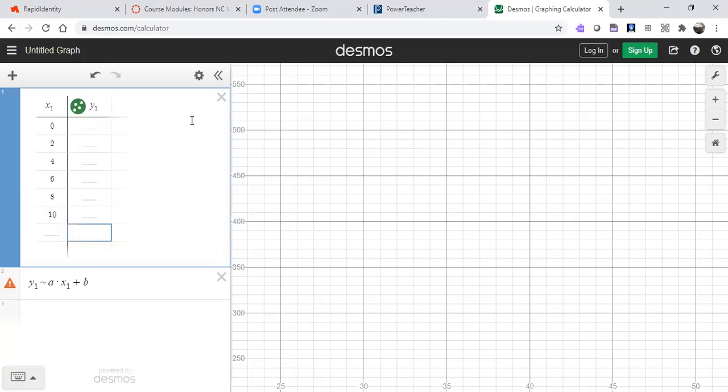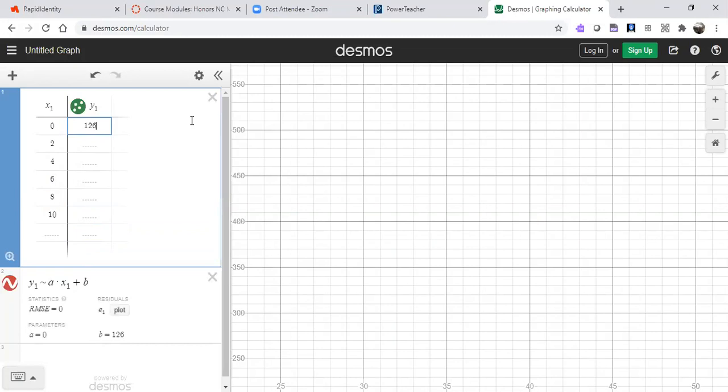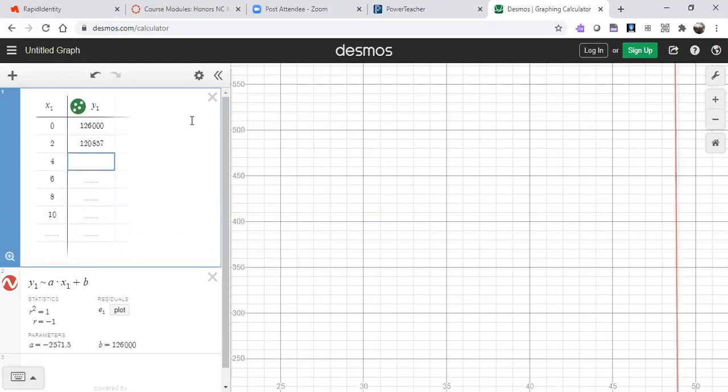Get rid of that one. All right, so 1, 2, 6, 120, 8, 5, 7. And see, it's starting to go ahead and do the model as I go. If you don't clear that out every time, it'll fix it for you.